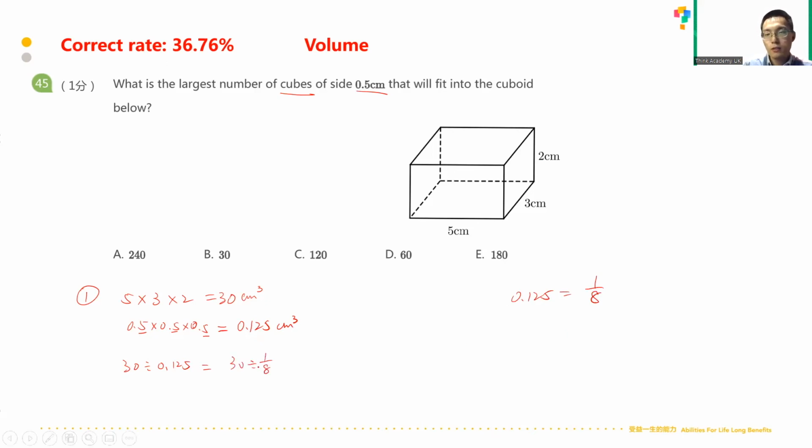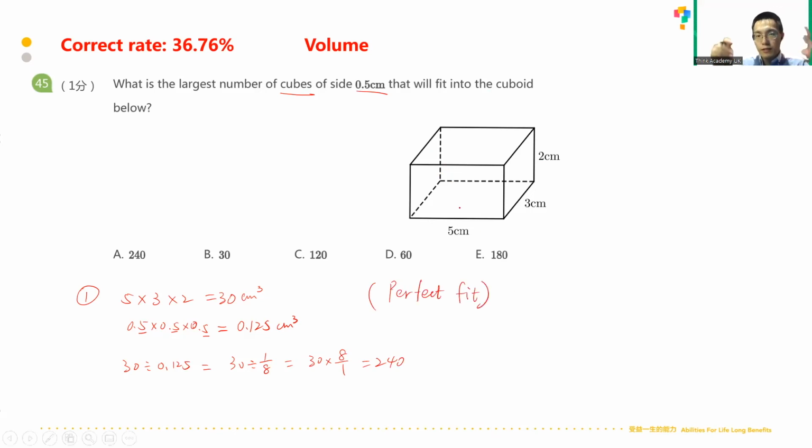Divided by a fraction is turn the fraction on its head and multiply instead. So we will have 30 times 8 over 1. So it's basically just 30 times 8. So it will give us 240 cubes that can fit into the cuboid. But, here comes the but. This first method can only work perfectly when we have a perfect fit.